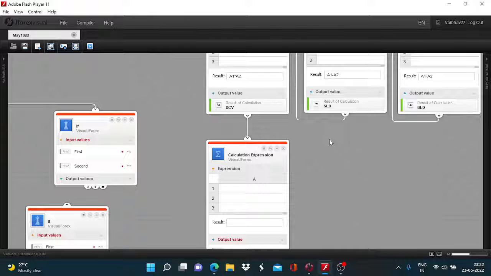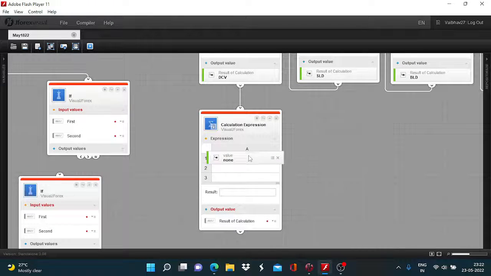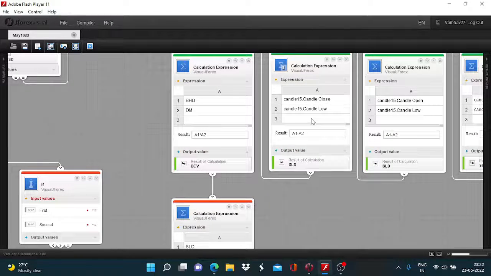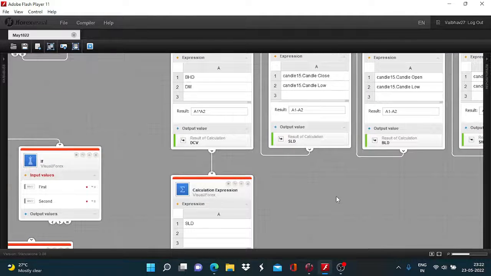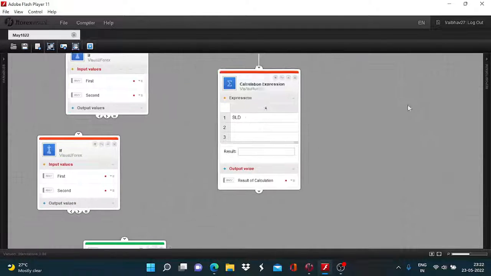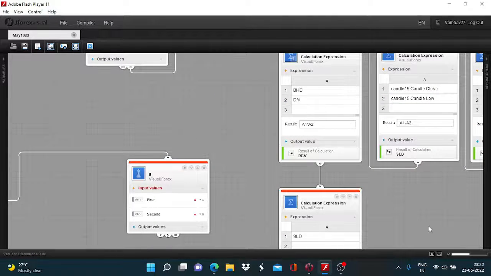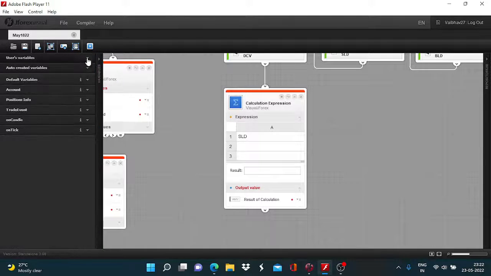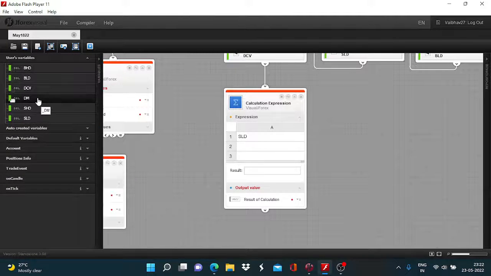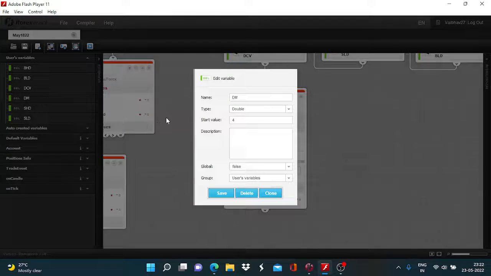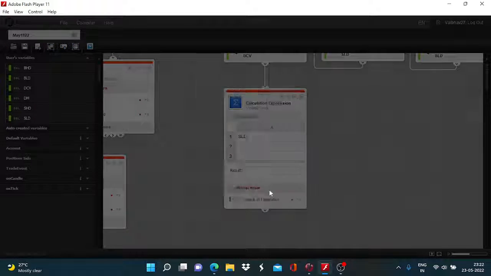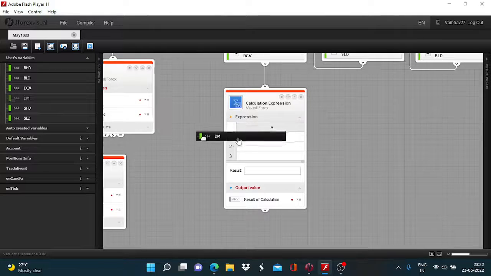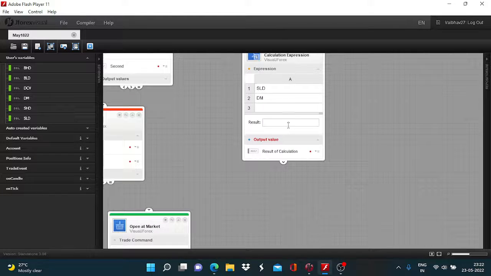This is the actual difference, SLD, and multiply it with DM. DM has the defined value of 4. Here you can see.